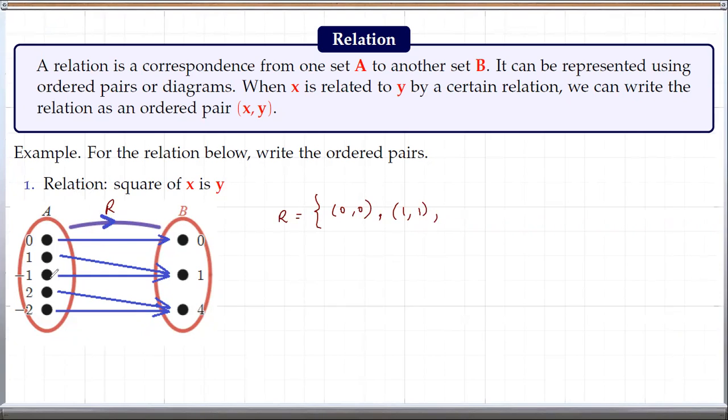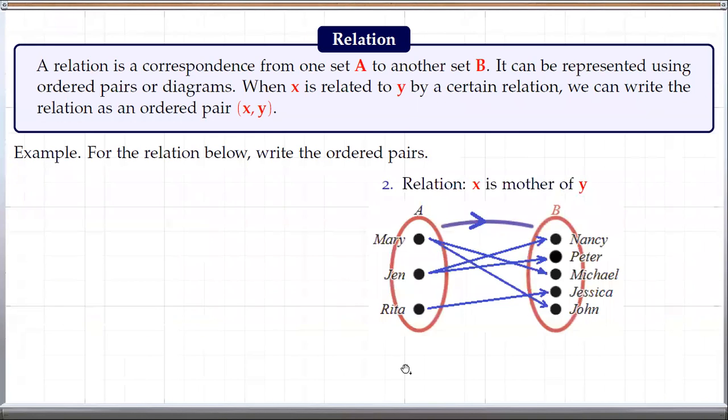The next one is negative 1 being mapped to 1, (-1, 1). Next one is 2 being mapped to 4, (2, 4), and (-2, 4). So this is the ordered pair representation of this relation given in the diagram.